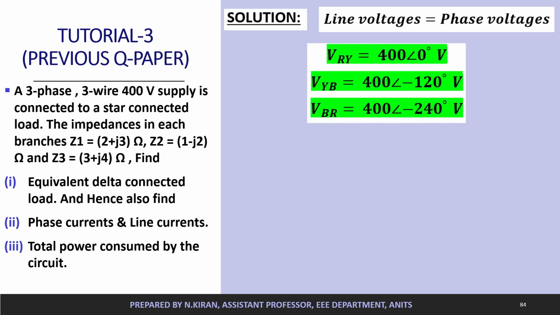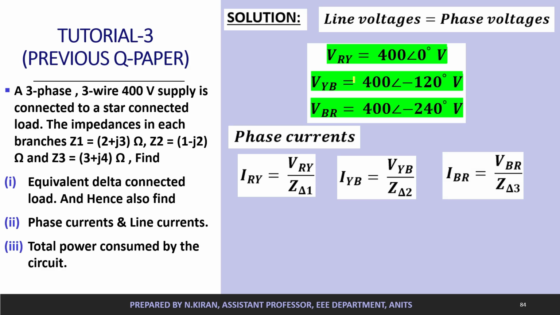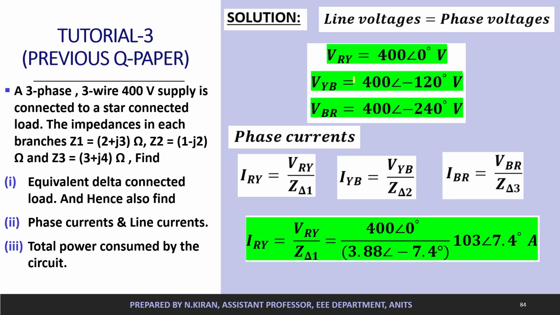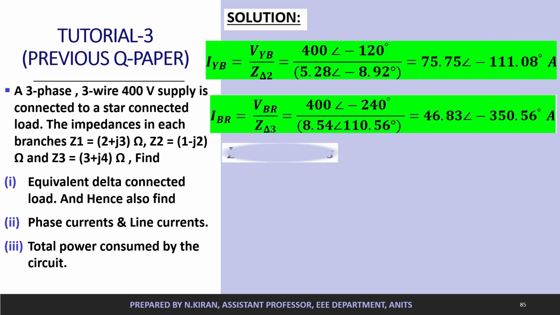Therefore the magnitude is 400 volts, and each will be displaced by 120 degrees. The phase current is the ratio of phase voltage to phase impedance. Therefore, just substituting the corresponding values, we find the values of IRY, IYB, and IBR.